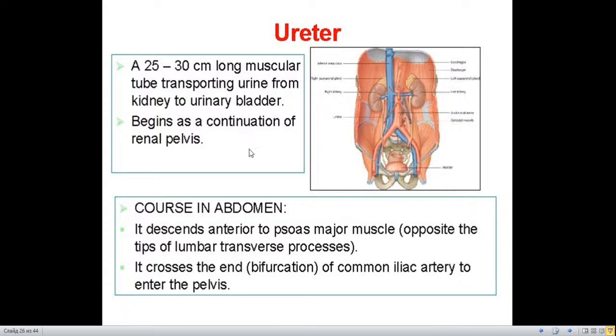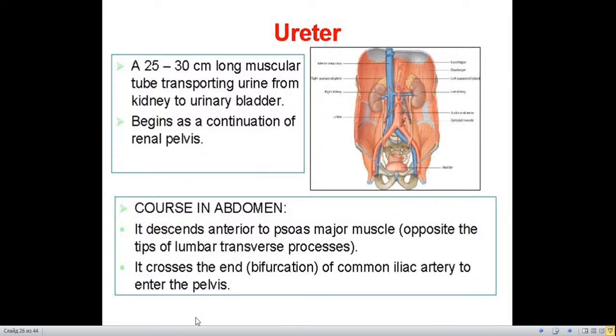Each begins as a continuation of the renal pelvis. Each ureter includes abdominal part, pelvic part, and intramural part.